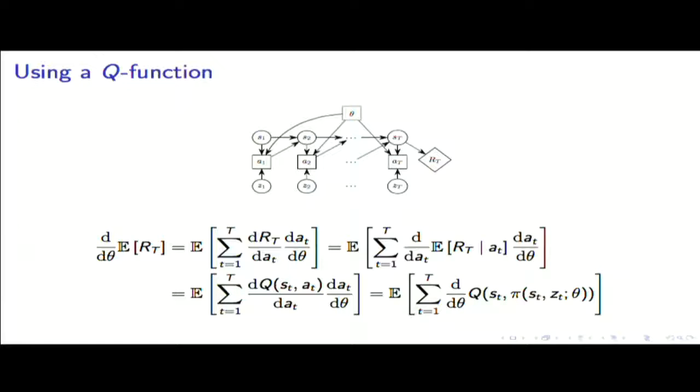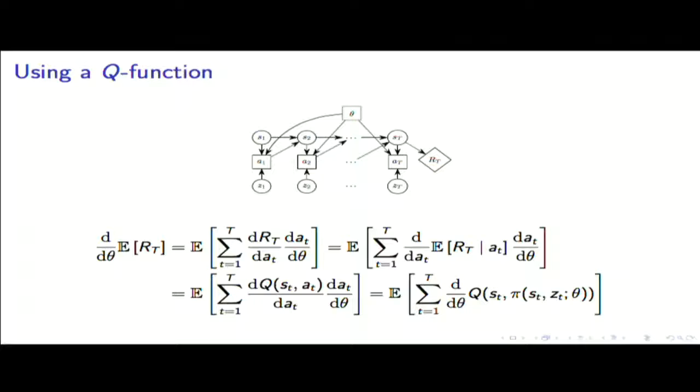theta only affects the result through its effect on all the actions, because if we change theta, the only variables it directly affects are the actions. So this is valid. This is just using the chain rule to write down the gradient with respect to theta in terms of the gradient with respect to the actions.